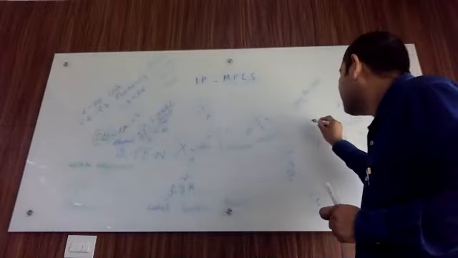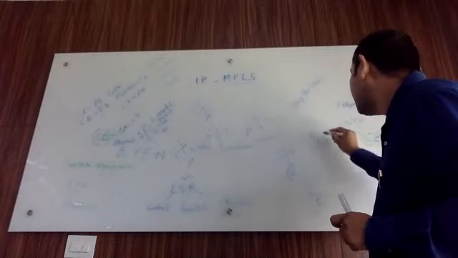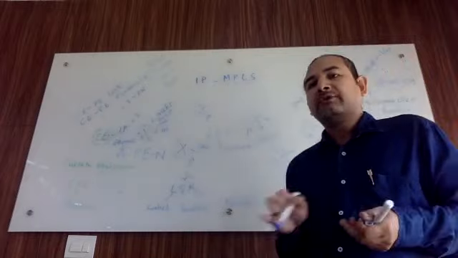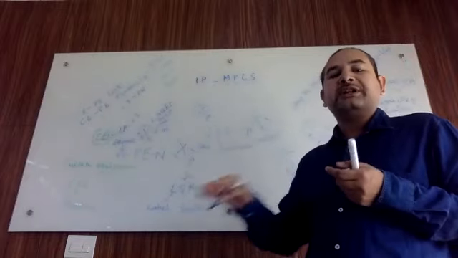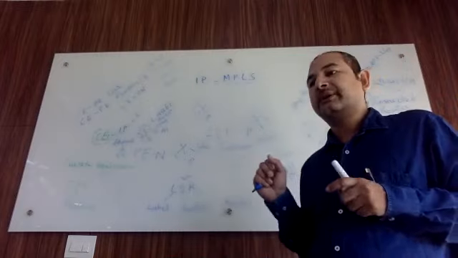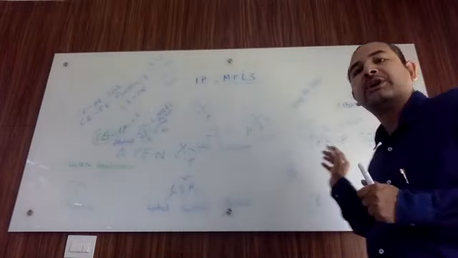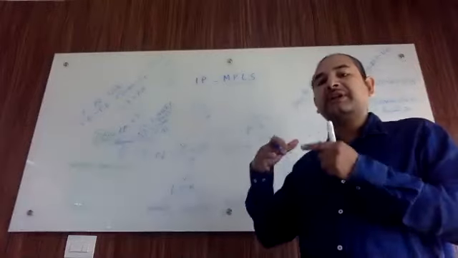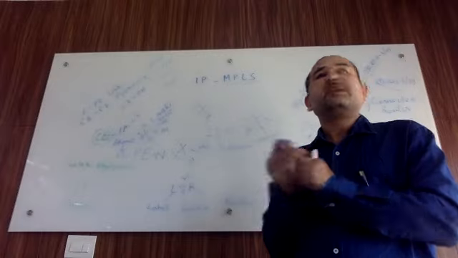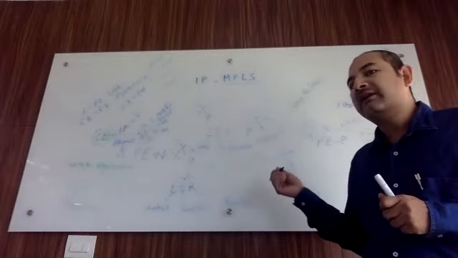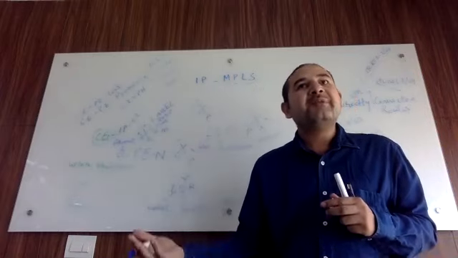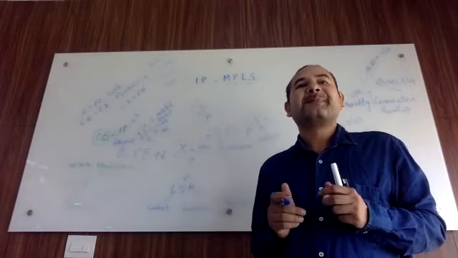Now, if you want to have multiple customers connecting to the same PE, you have to slice your PE into various small virtual parts, so that for each customer it looks as if this is connected to his own new PE. It would be a very costly affair for the provider to have one PE for each customer.